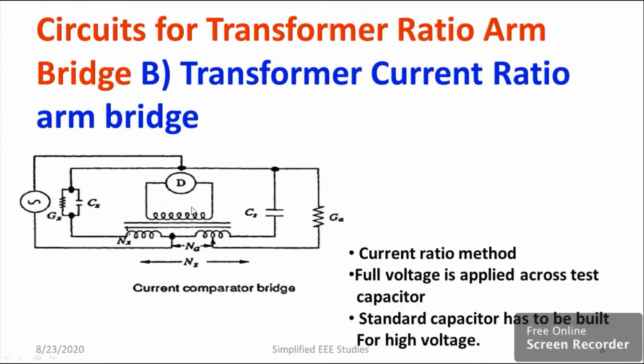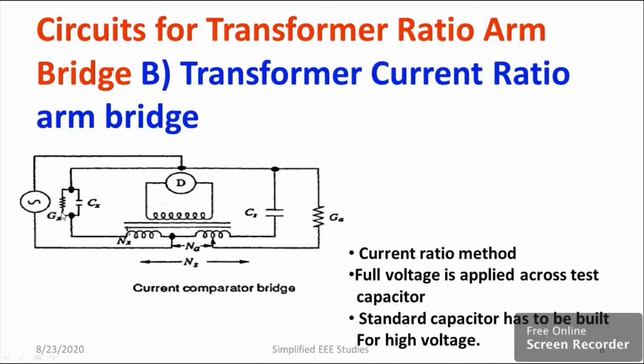So this is the basic circuit diagram of the transformer current ratio arm bridge. So let us become familiar with the basic circuit diagram. We require a 3-winding transformer, number one, and we should have one detector. Then we must have one supply. We have to provide the suitable supply here.